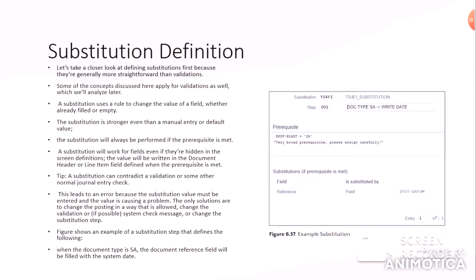So we can see in this example, if the document type is SA, the document reference field is substituted. The reference field will be filled with the system date. So the field reference is substituted by the system date. This is a substitution.